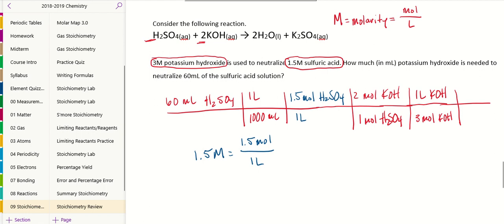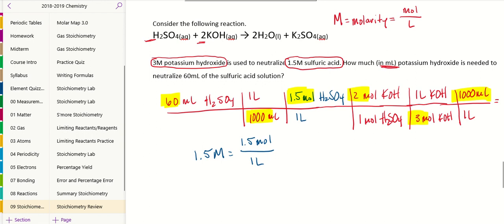Last step, it's asking for the volume in milliliters. So 1 liter, we convert it back to milliliters. 60 divided by 1,000 times 1.5 times 2 divided by 3 times 1,000 gives you your answer.